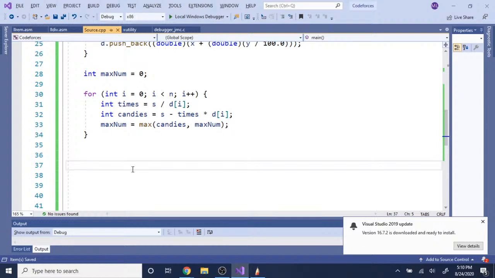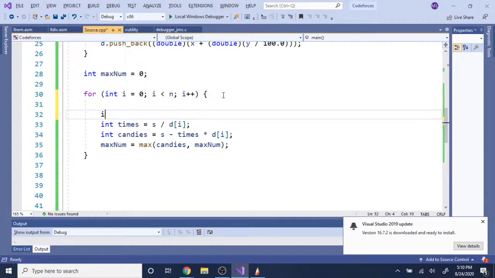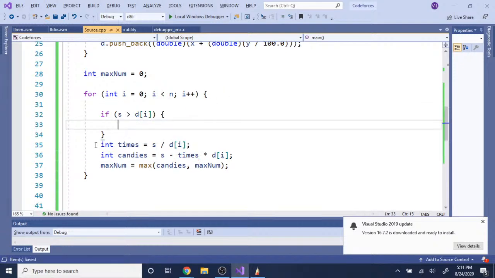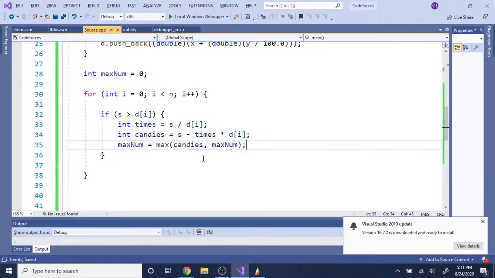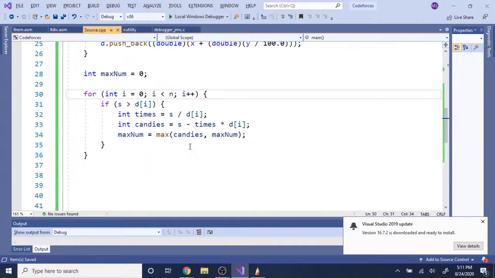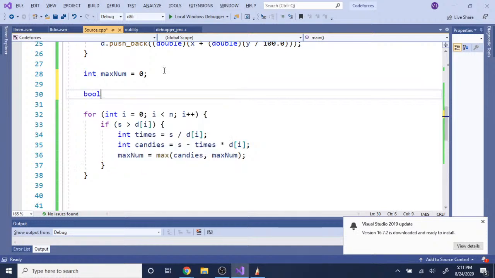Oh crap. Wait, okay, so we have to check if s is greater than d of I, then you could do it. Otherwise you can't do it, right? Yeah, okay. Check if this condition was inside here, so let's do Boolean pos false.